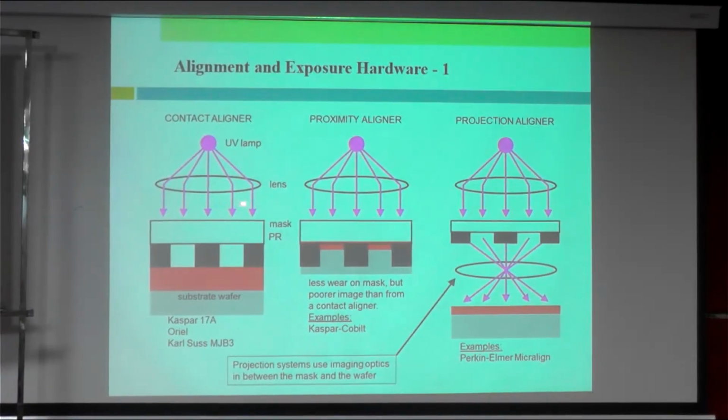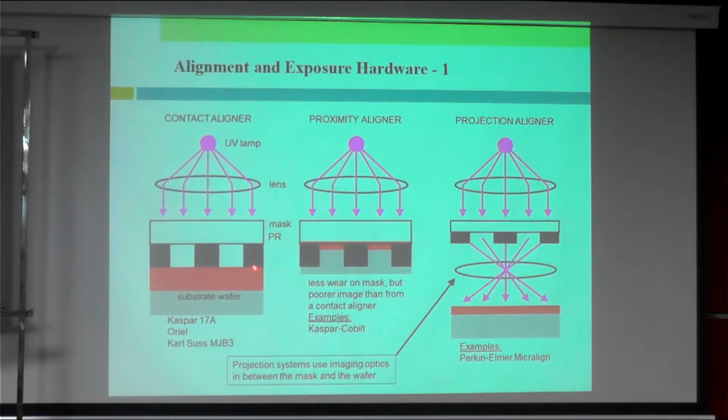So the alignment of the photomask with the structure that has been developed before will be critical in order for you to develop the next structure, because it has to be according to what has been developed on the surface.